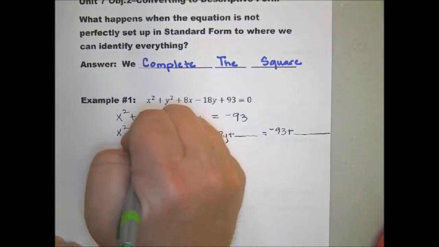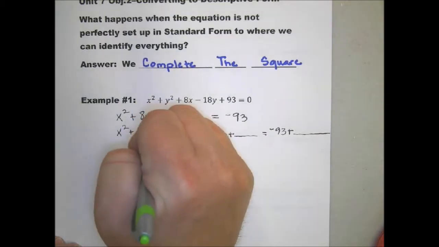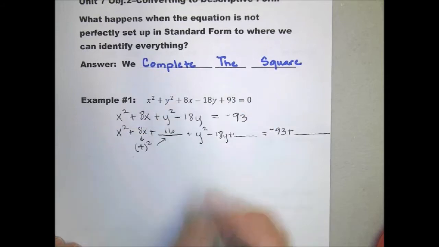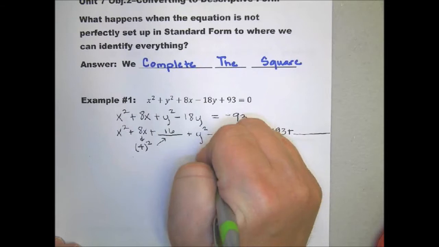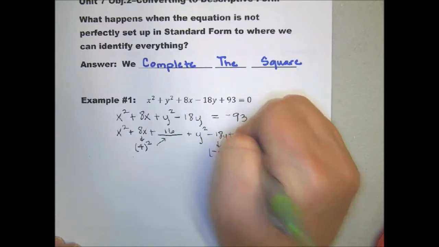So, half of 8 is 4. 4 squared is 16. Half of negative 18 is negative 9. And negative 9 squared is 81.